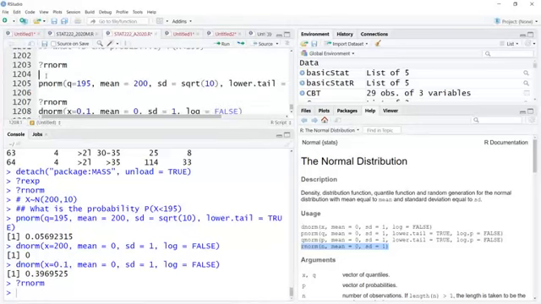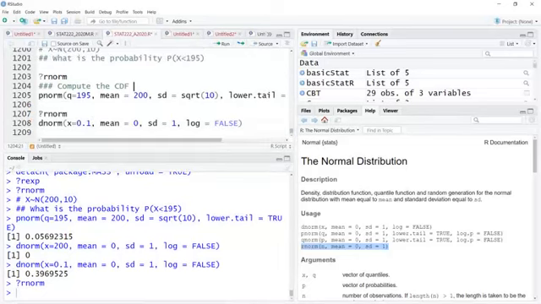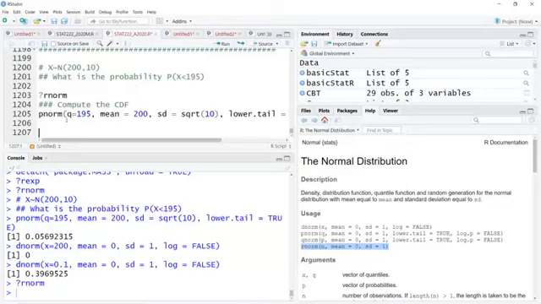Because this is to compute the CDF, and you see my quantile is this one. So I have my distribution, then I want to find the probability that X lies below 195.